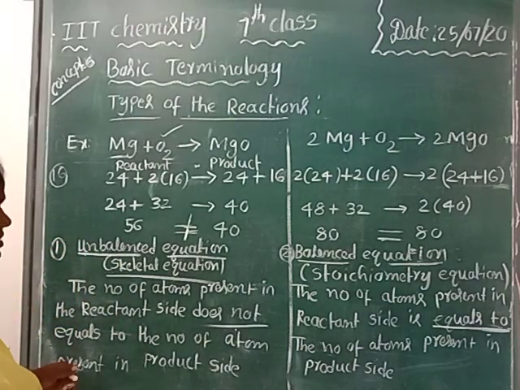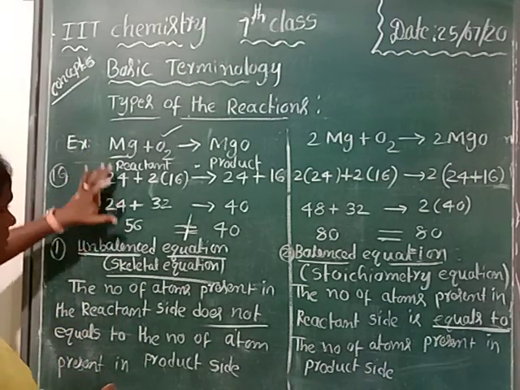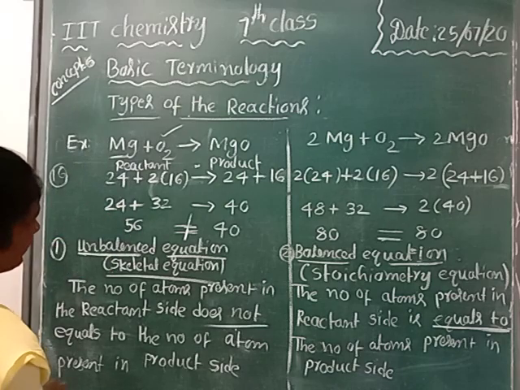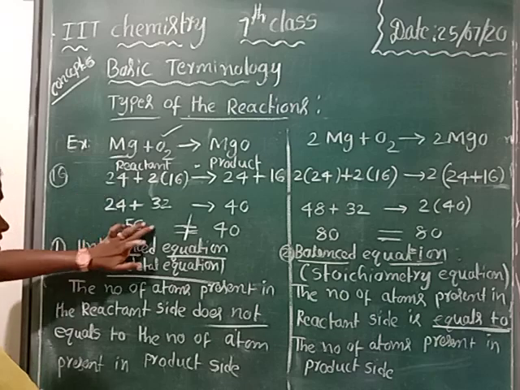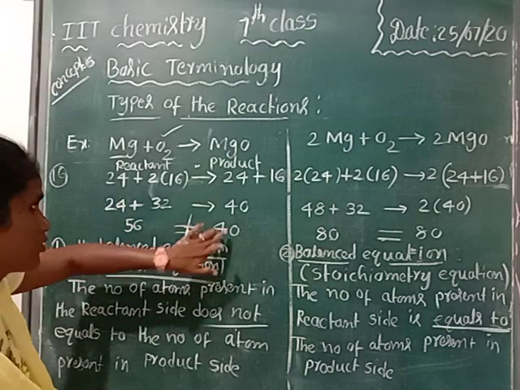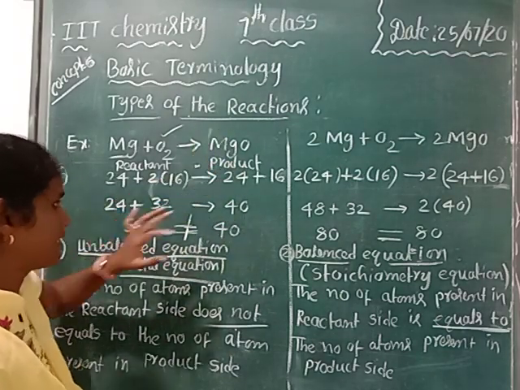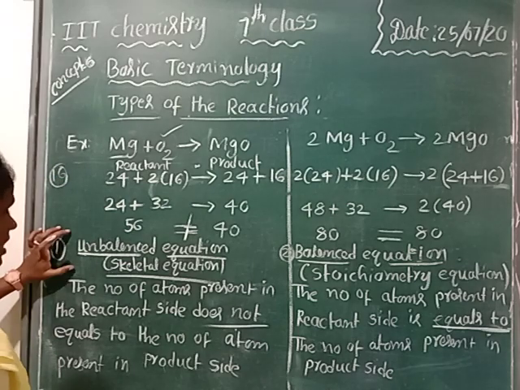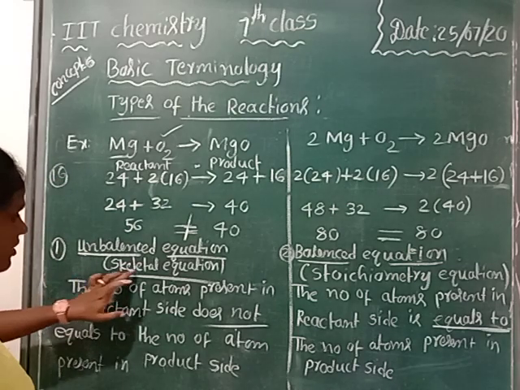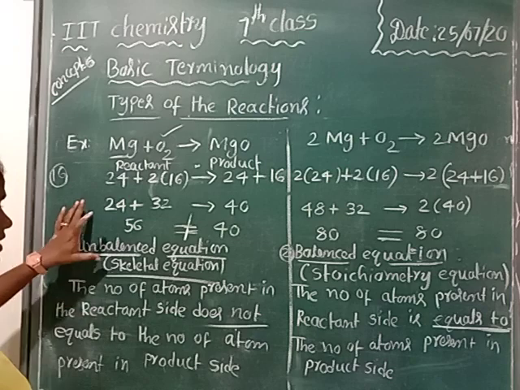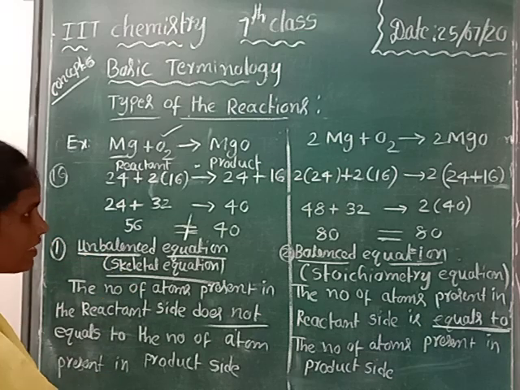What is another definition of an unbalanced equation? The total mass of the reactant side does not equal the total mass of the product side; this is called an unbalanced equation, another name skeletal equation.